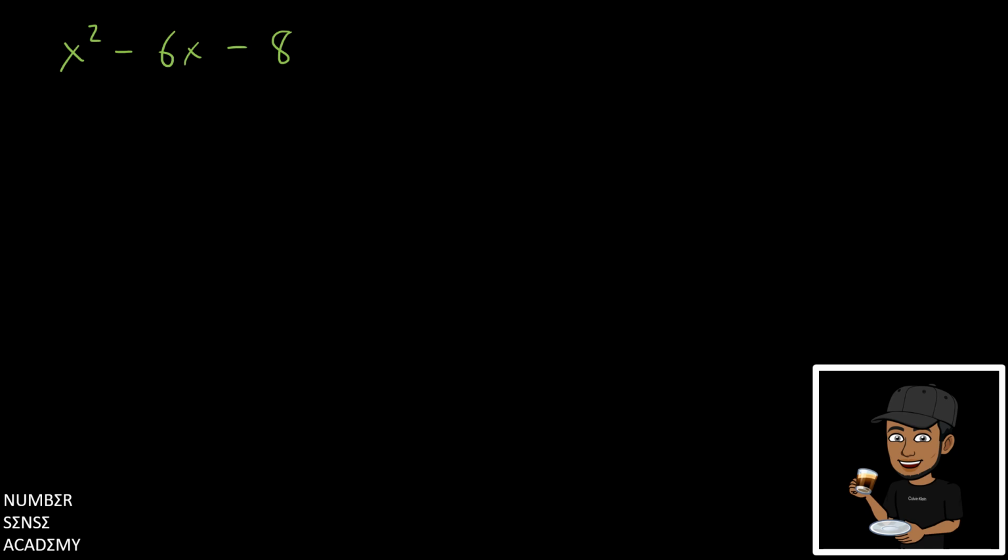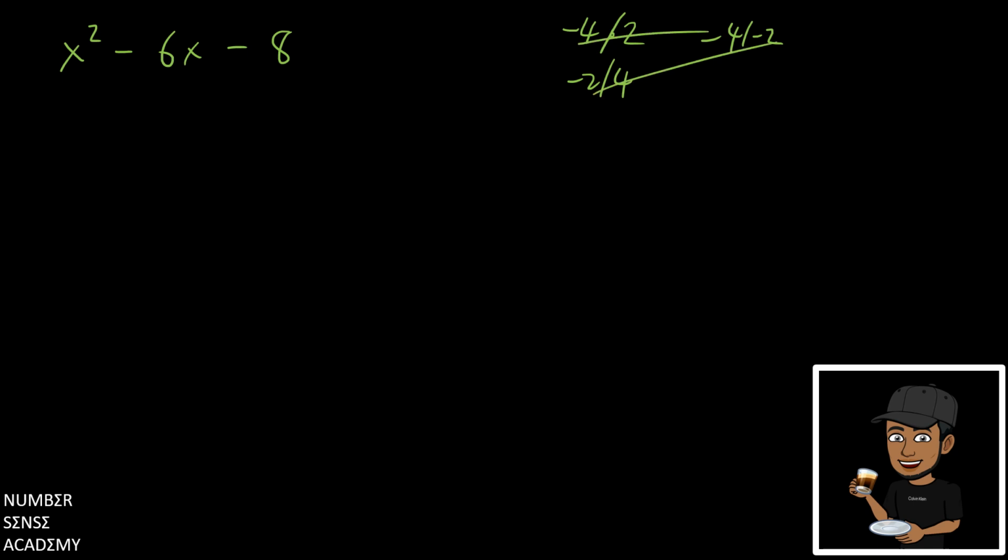My only options would be negative 4 and 2, or negative 2 and 4. These do multiply to negative 8, but they don't add to negative 6. And I know that negative 4 and negative 2 won't work because, even though they add to negative 6, they don't multiply to negative 8. So we can't factor this per se.